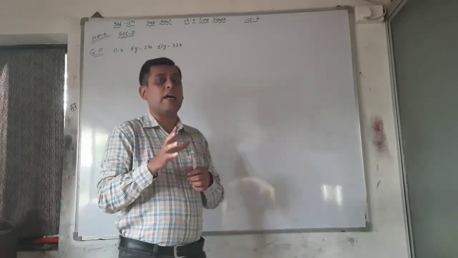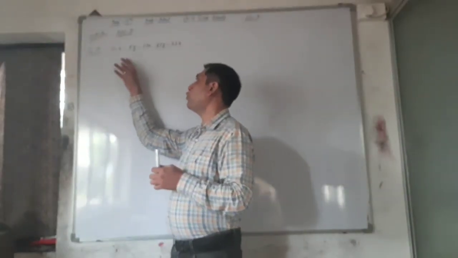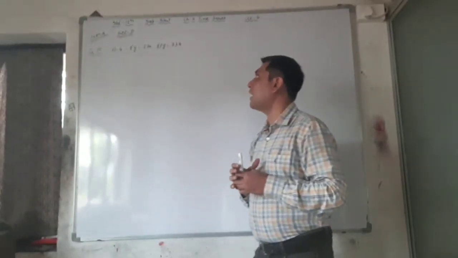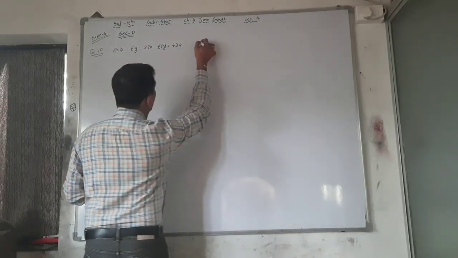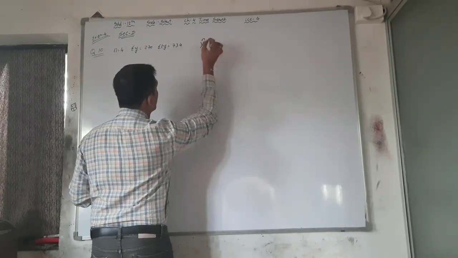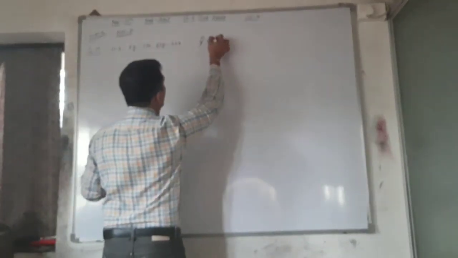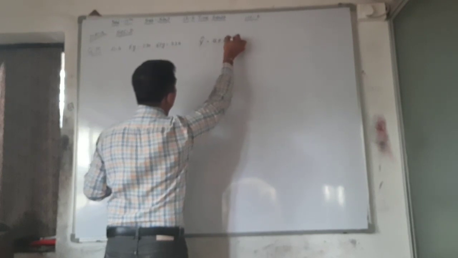See here, the data is given, n is equal to 4, sigma y is equal to 270 and sigma ty is equal to 734, and we have to fit a linear trend or equation y cap is equal to a plus b t.